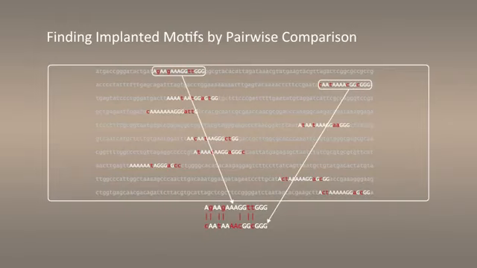Thus, my idea: let's find the most similar 15-mers, let's say in the first and second sequence, and it will give us an idea of how the implanted pattern looks. Would it work? Let's figure out whether pairwise comparison between strings will help us find the implanted motifs.